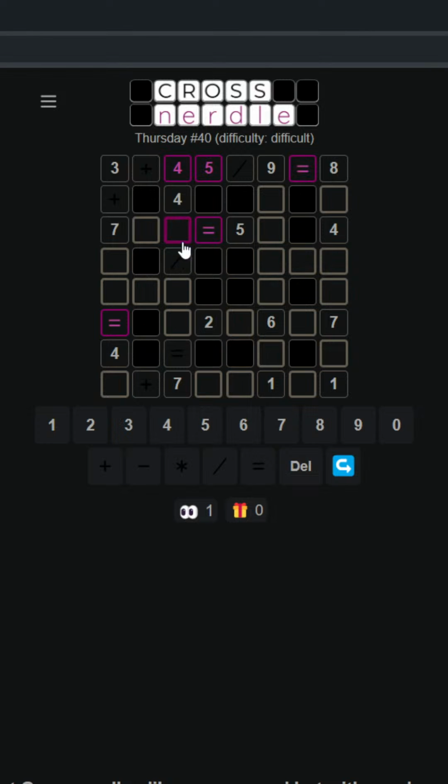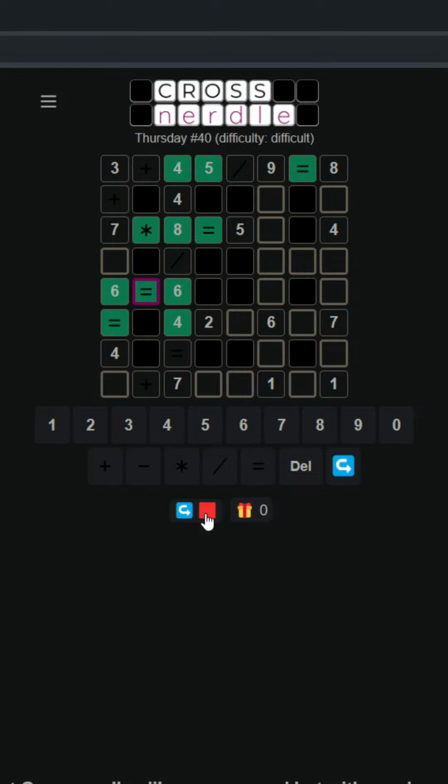And 8 is a possible choice here. It could also be 1. I don't see how we can get to 56 otherwise. This has to be 7 times 8. And then this has to be 64. This has to be 6 is equal to 60, or this has to be right. Yeah, so I was right originally. I just messed up this one. Not sure how I did that. Oh well.